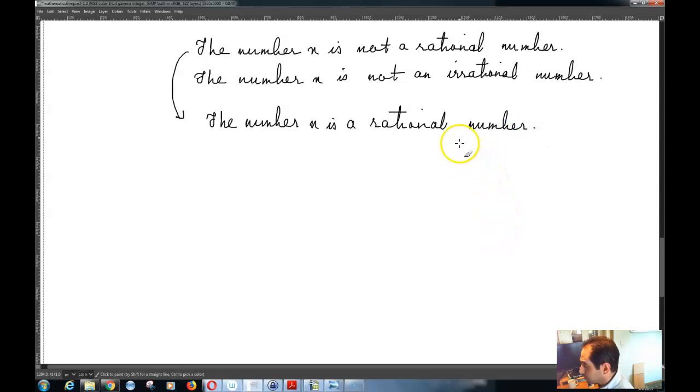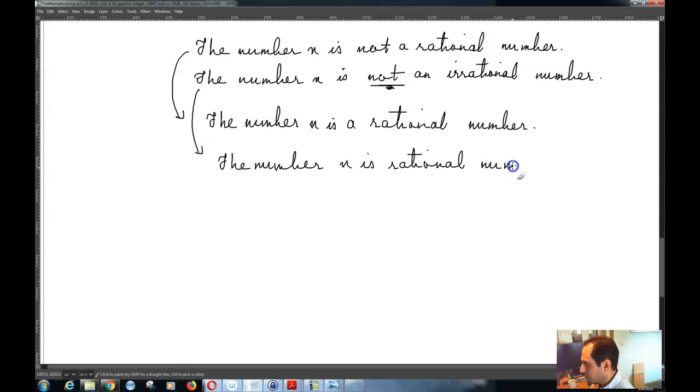And this seems to be the same thing as the second statement, because when a number is not an irrational number, it is a rational number. So the meaning of this sentence is the number x is not an irrational number, which means a rational number.